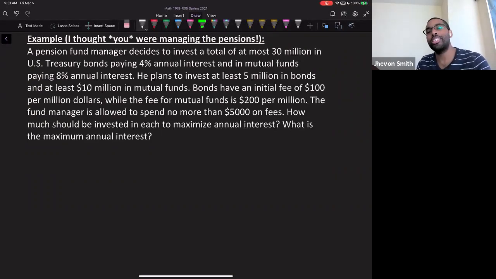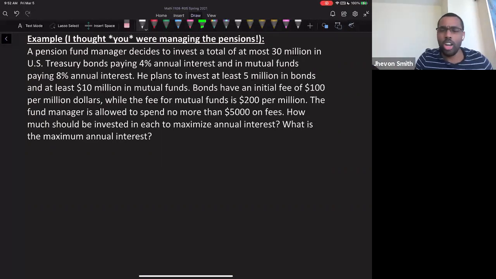No comment. Okay. He wants to invest at least 10 million in mutual funds. So a mutual fund is like a basket of stocks. It's like one thing that you can buy, but it's already diversified. A mutual fund manager already went through and picked a bunch of different stocks.